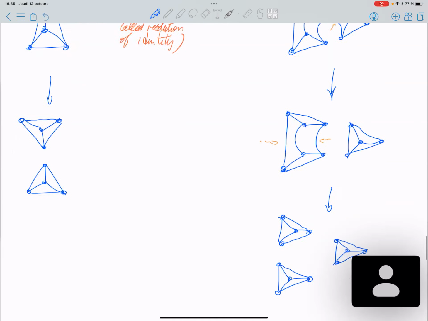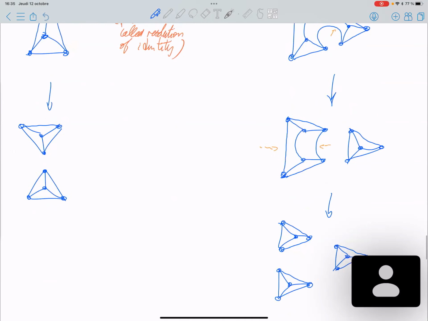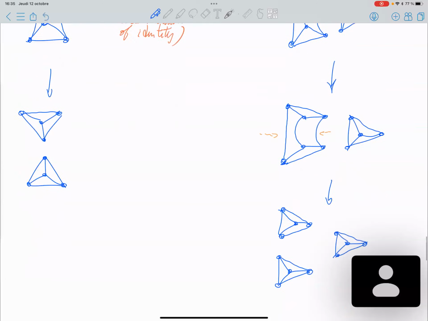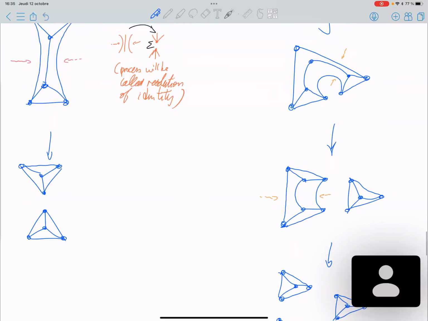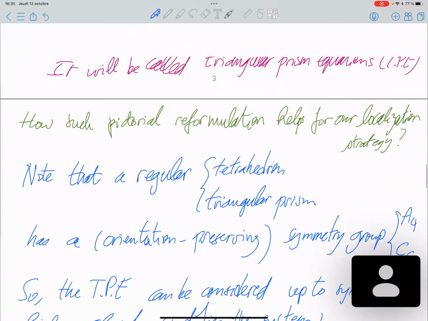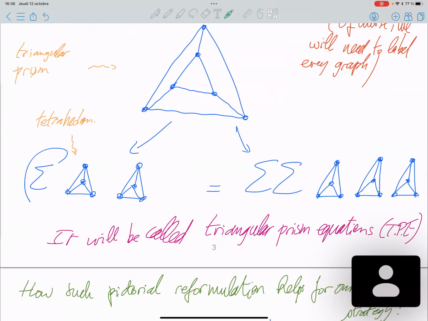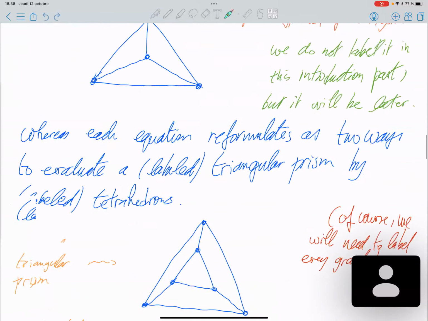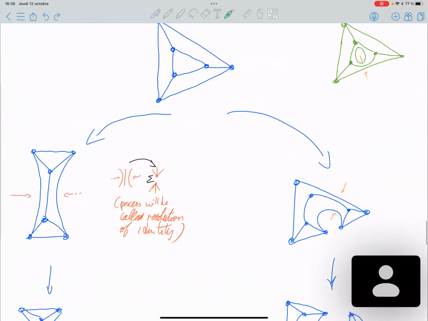And you see, you finish with a sum of a product of 2 tetrahedron on the left and a sum of product of 3 tetrahedron on the right, exactly as expected here. And exactly as the shape of the Pentagon equation.